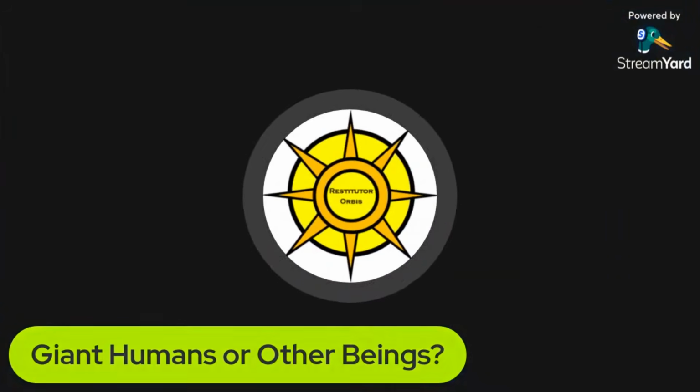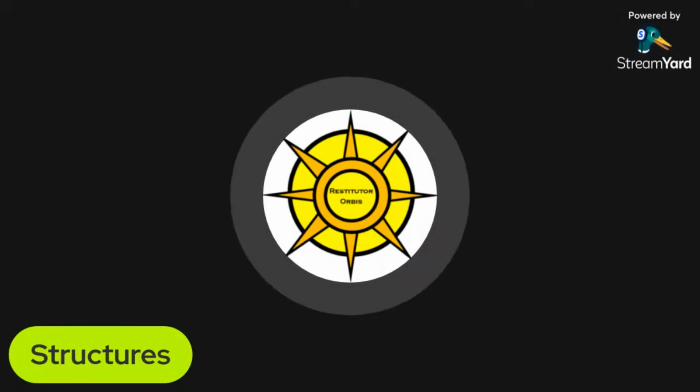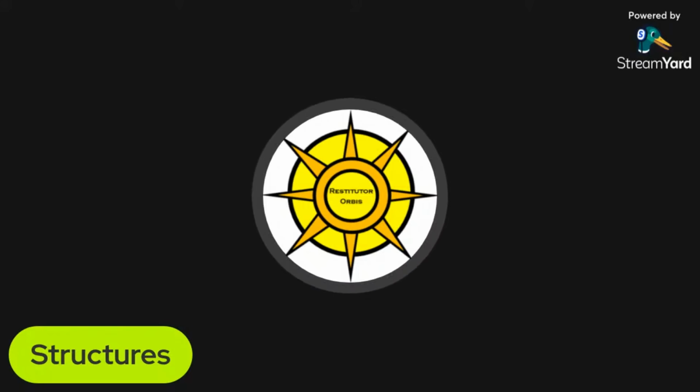So, what to make of all these giants? Well, in our explorations, we come across many structures. What are these structures that we've seen? Are there really giant buildings? We've certainly seen buildings that have giant doorways that you could get giant beams or an entire army through.